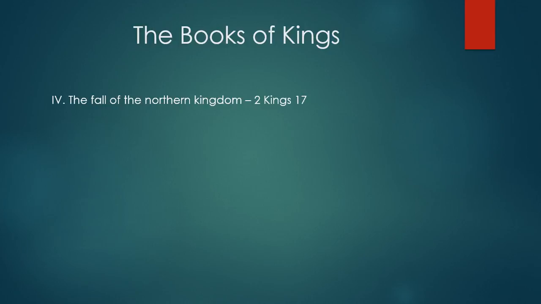Most people think that the first edition of the Deuteronomistic history was written after this point, kind of as a way of explaining why the northern kingdom fell, and also as a way of telling the southern kingdom that if you don't shape up, you are liable to suffer the same fate that we've seen in the north. And so as we go on, we're going to see a little bit more whether they're able to avoid that fate.